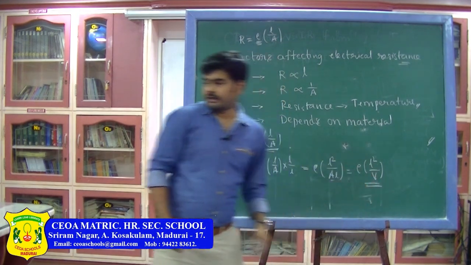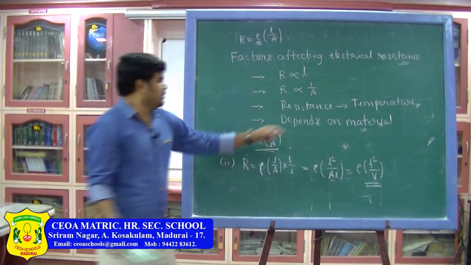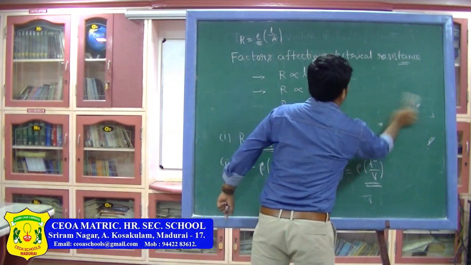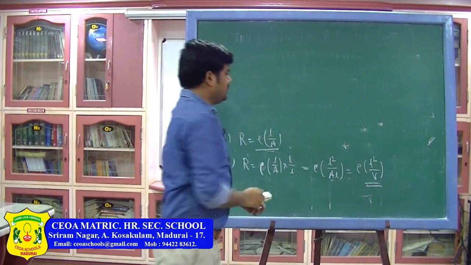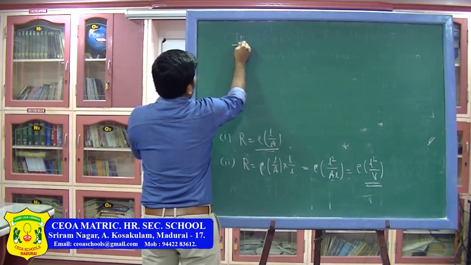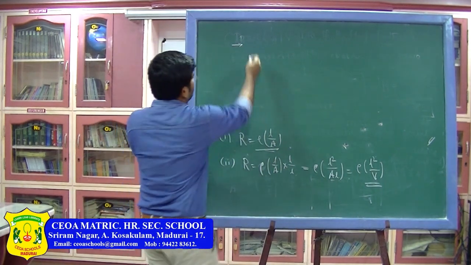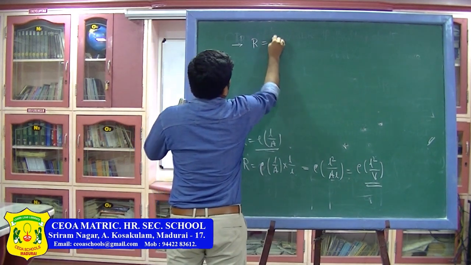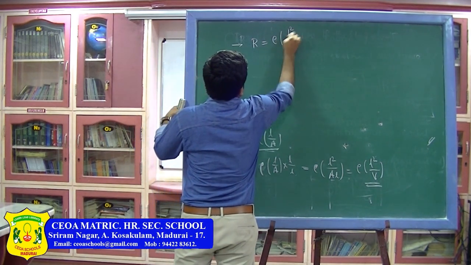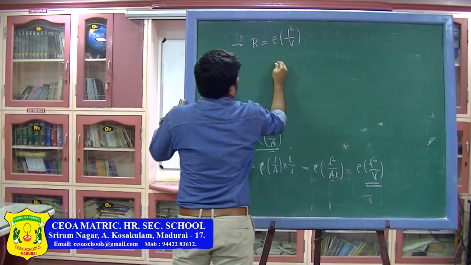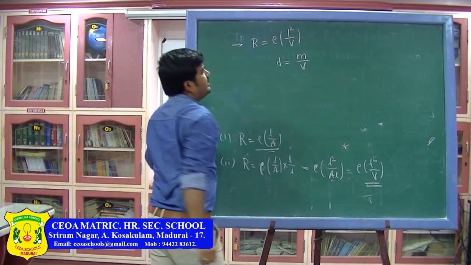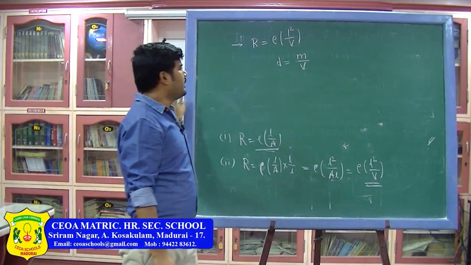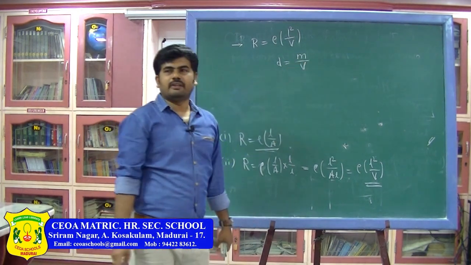Now, you can write the next form by substituting volume in terms of mass and density. R equals rho L square by V, where the density of the material is mass by volume. Here D is the density of the given material, M is its mass, and V is its volume.